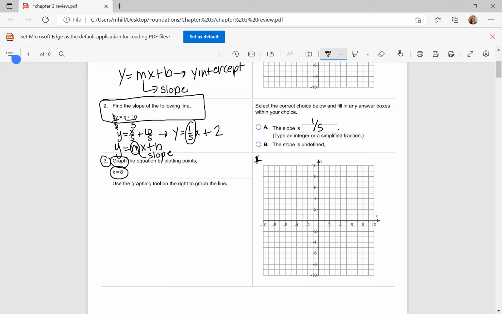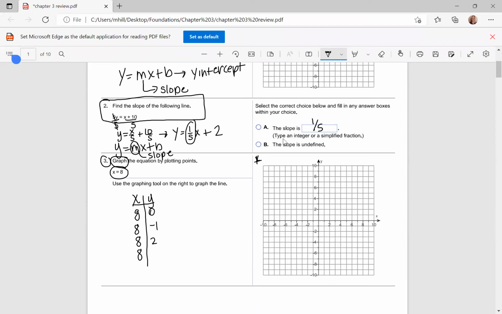Okay. When you have an equation and it says x equals 8, it means whatever you put in, x is always going to be equal to 8. So we don't have to plot a bunch of points. It doesn't matter what y is, x is going to be 8.